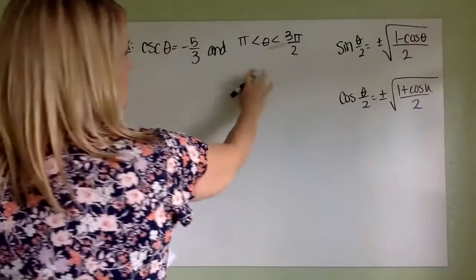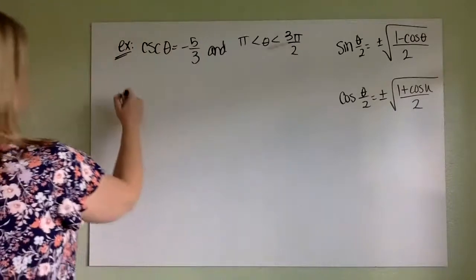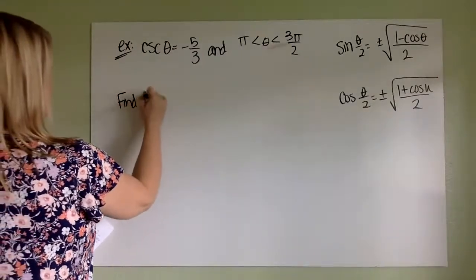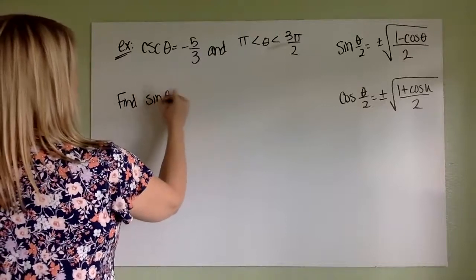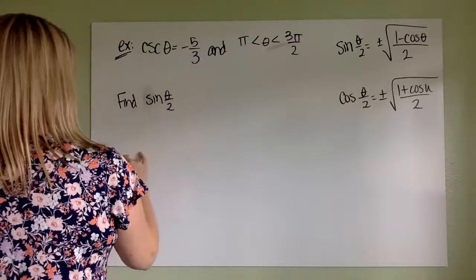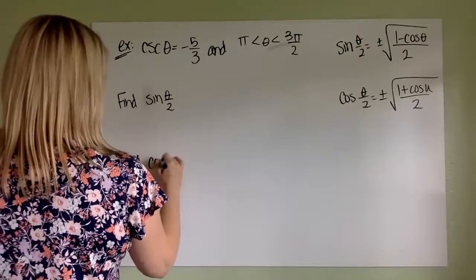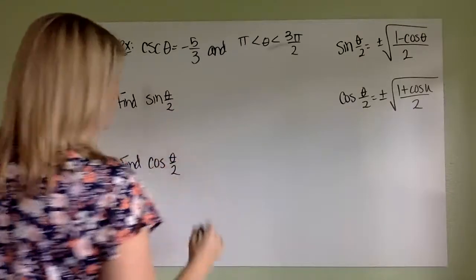So very similar to the last problem, and you're being asked to find either the sine of the half angle or the cosine of the half angle. So we'll find both for this example.